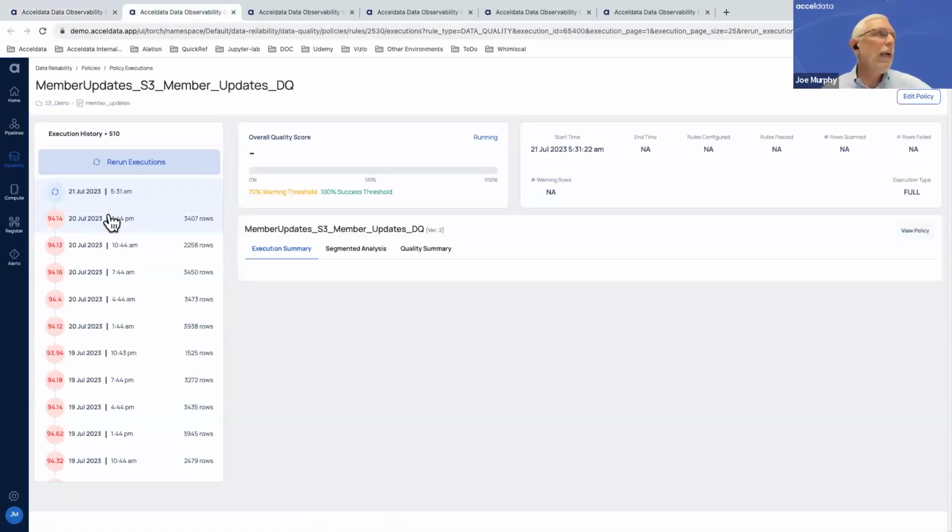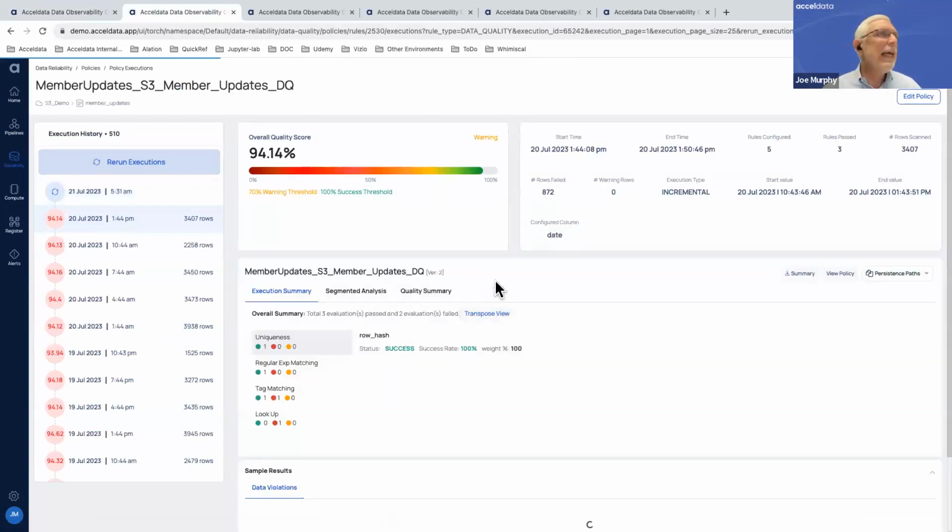And what I see is actually the representation of a run of this policy. So essentially, this pipeline is actually moving data to my data product on a scheduled basis. Say every 3 hours, data is moving into that data product. Every 3 hours, I'm checking that input to make sure it meets my data quality requirements before I ingest it, right?